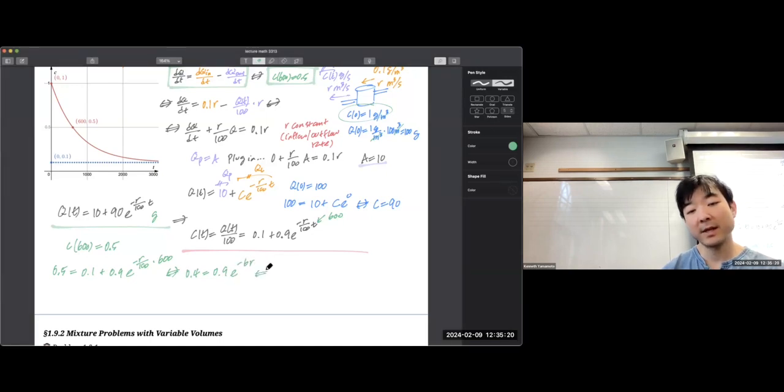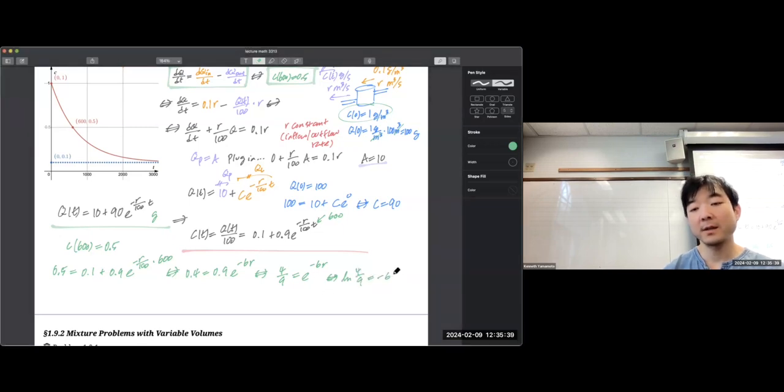You can divide both sides by 0.9, which is the same as 4 over 9, because 0.4 over 0.9 is the same as 4 over 9, is e to the negative 6R. And then you take the ln, so ln of 4 over 9 is equal to negative 6R.